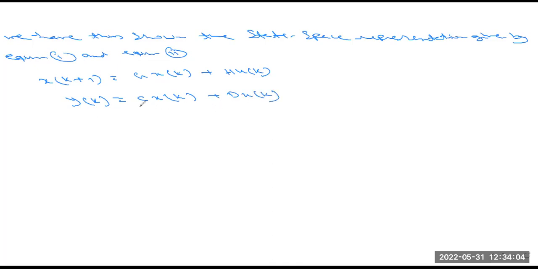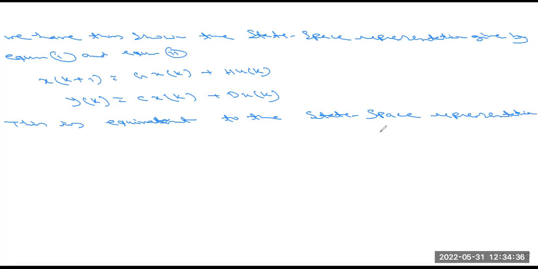Now we have to apply the vector analysis, the state space representation. The equation is coming. So this is equivalent to the state space representation given by the final equation.